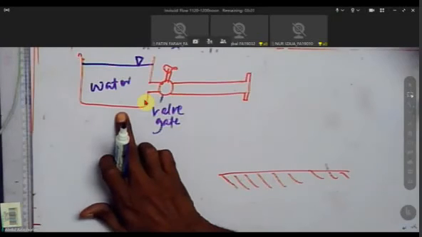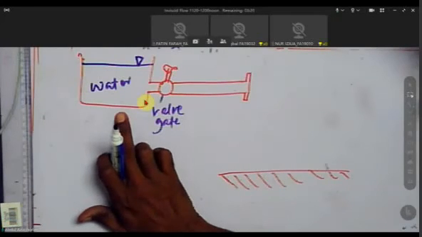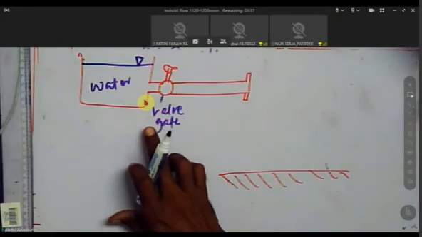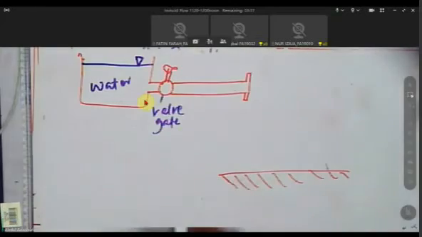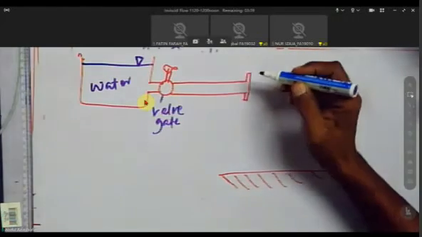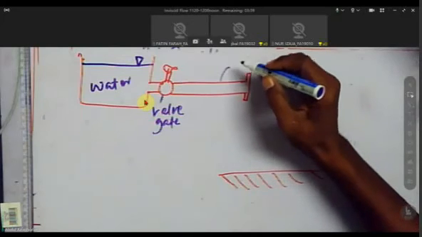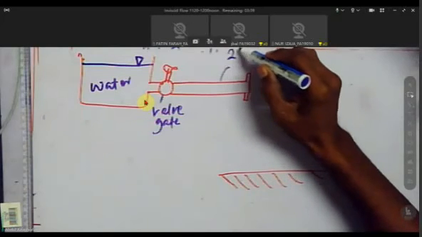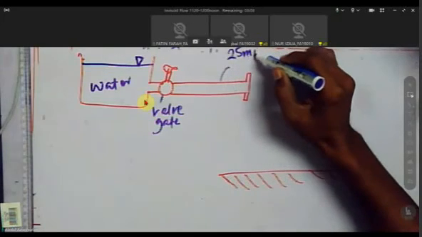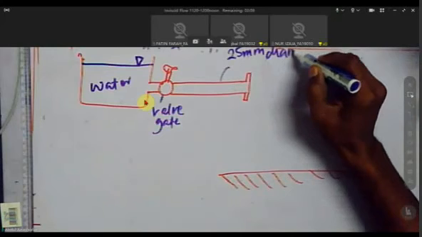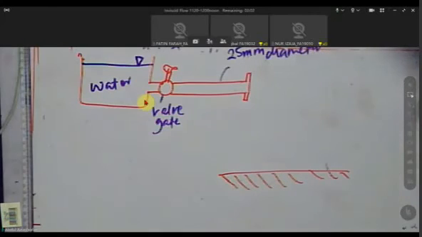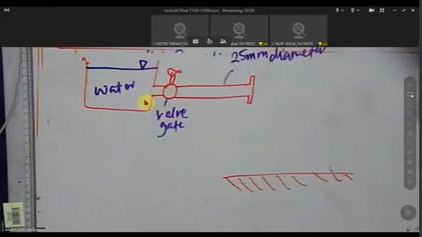Let's say this water level is so large, and after it reaches a certain height, then we open the valve. Let's say the tube has a 25 millimeter diameter.